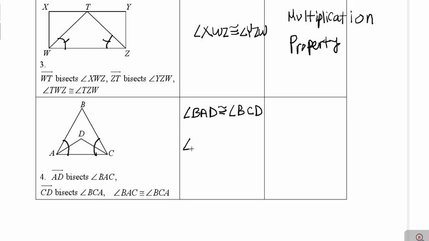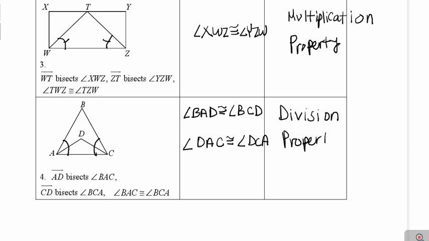So therefore angle BAD would be congruent to angle BCD, and angle DAC would be congruent to angle DCA. We know all four of those angles must be congruent because the larger angles are congruent, and then those larger angles are being bisected. So this would be an example of the division property, since we can make those angles smaller.